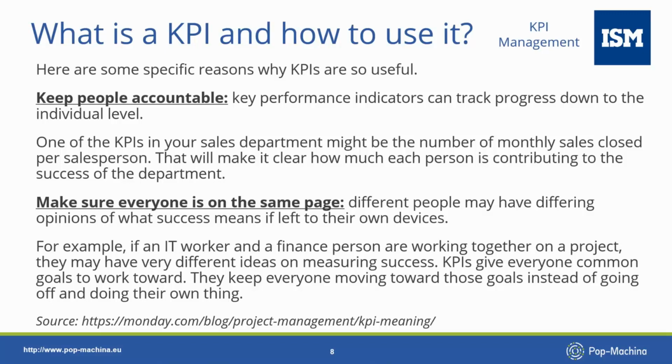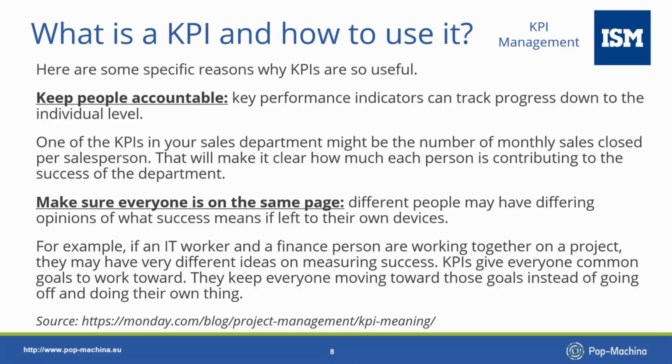Just imagine how simple it is to track the real situation, to put the right goals and to seek the results. It will make it clear how much each person is contributing to the success of the department.